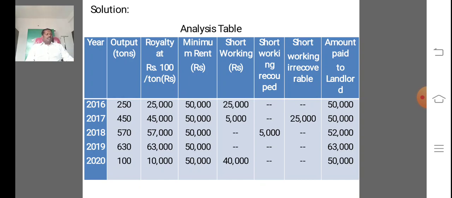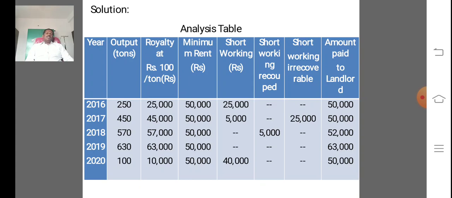Entire short workings 5,000 is recovered by using surplus amount, and remaining amount is 57,000 minus 5,000, so 52,000 is payable to landlord.